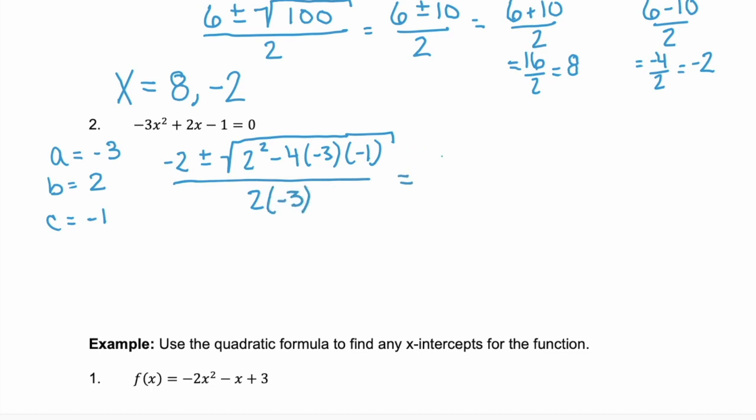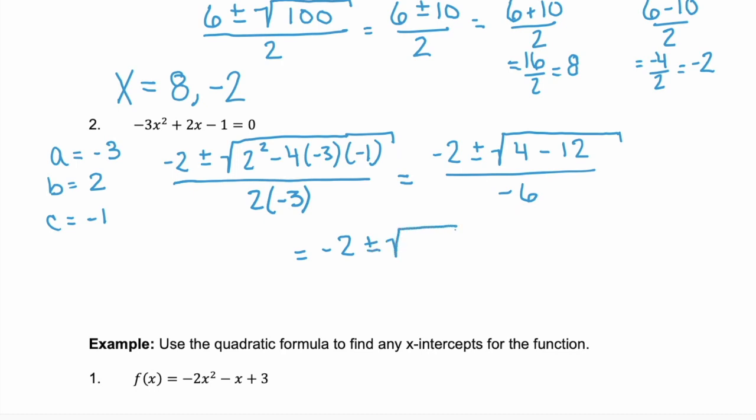And now we start simplifying. Negative 2 plus or minus the square root of 4 minus 12 over negative 6. This equals negative 2 plus or minus the square root of negative 8 over negative 6.